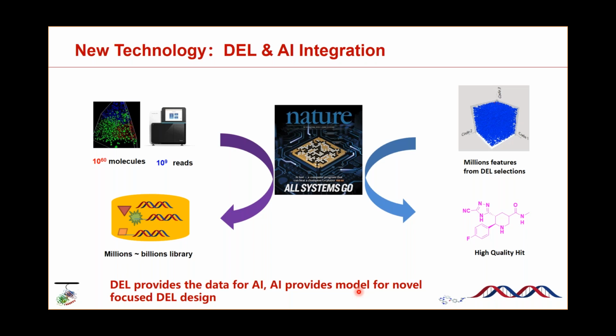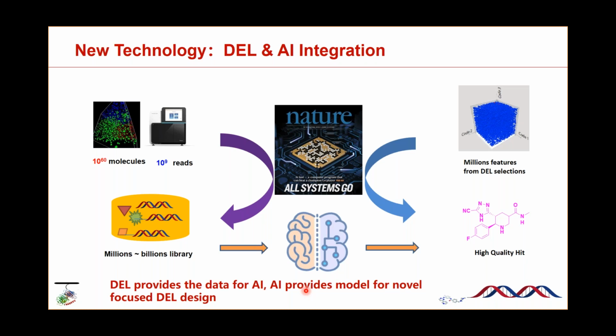These two technologies definitely have synergies. It's easy to think about: DEL could generate a lot of data for the AI to build the model, and after you have the model, you can also use it to predict more hits, which may not be obvious from the DEL analysis.